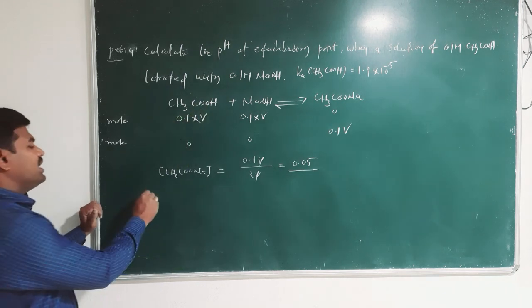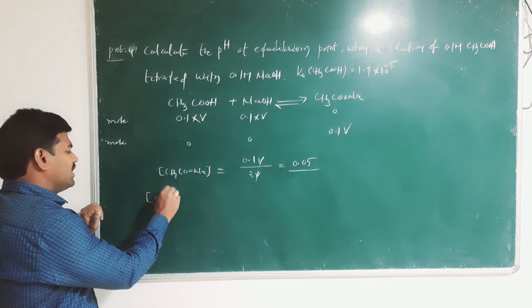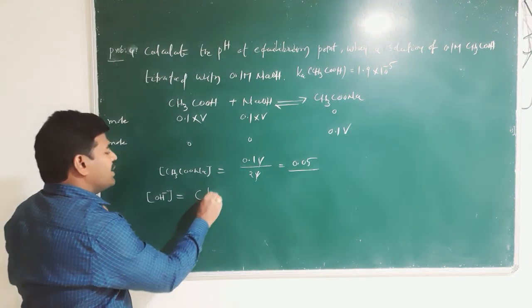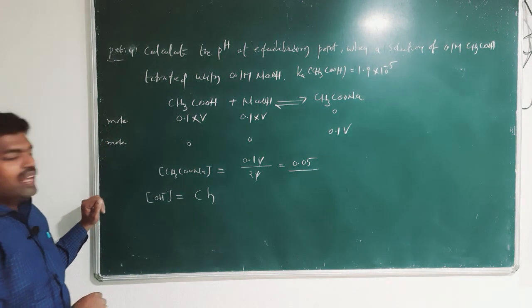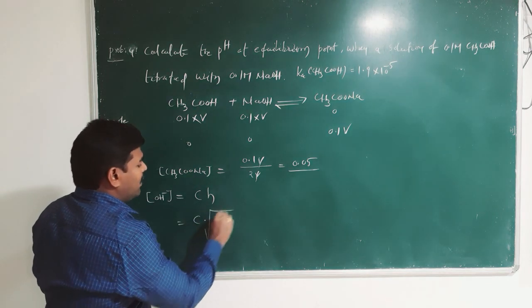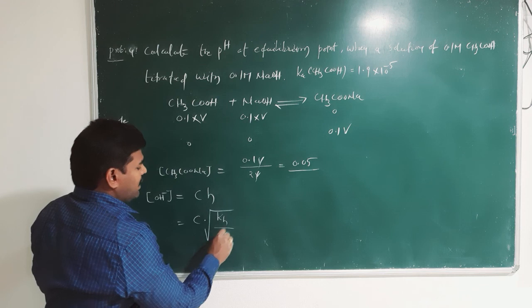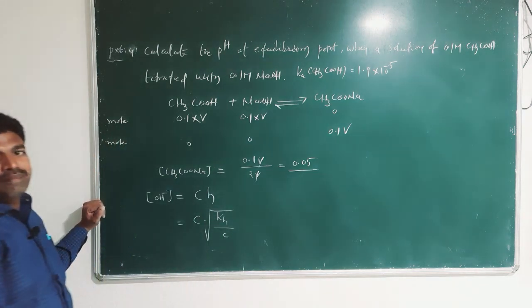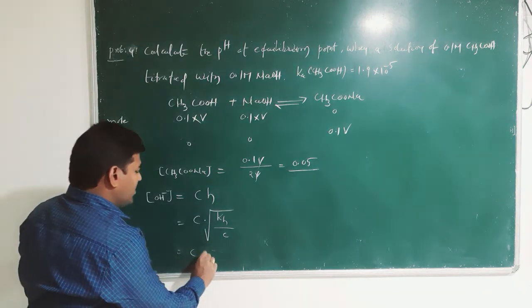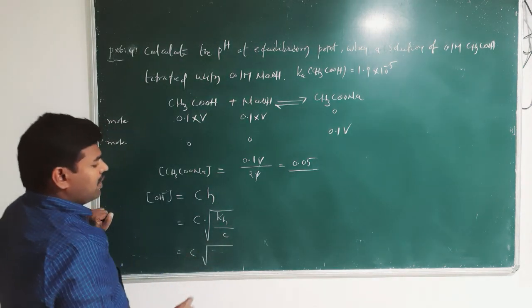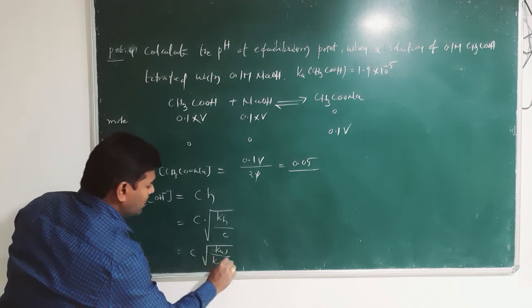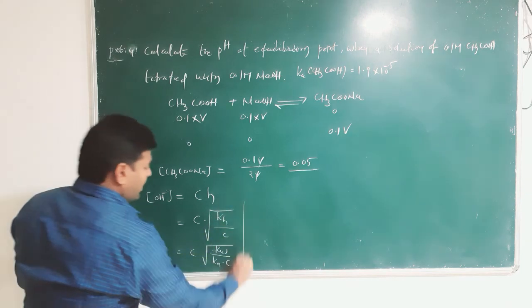Okay, so we have the formula for concentration of OH minus ions, C into h, where h is root Kh by C, and we know that Kh is Kw by Ka into C. So we can write this formula.